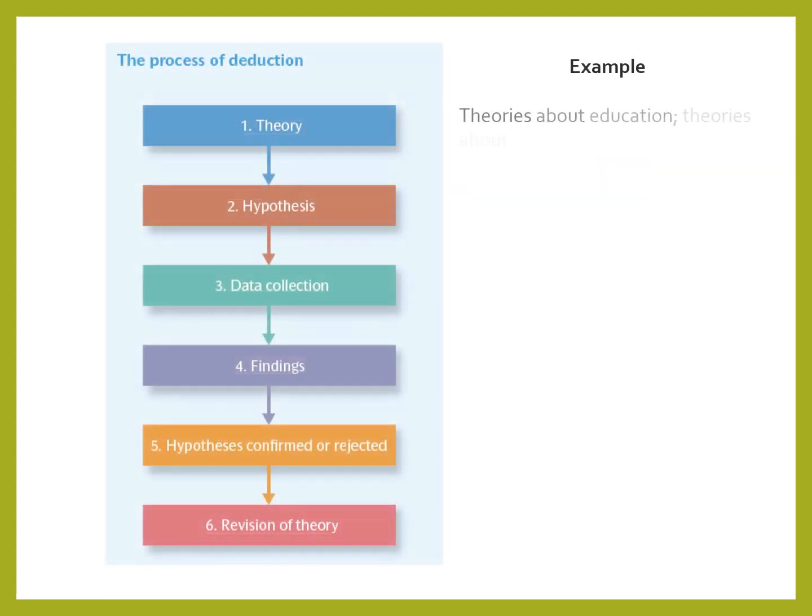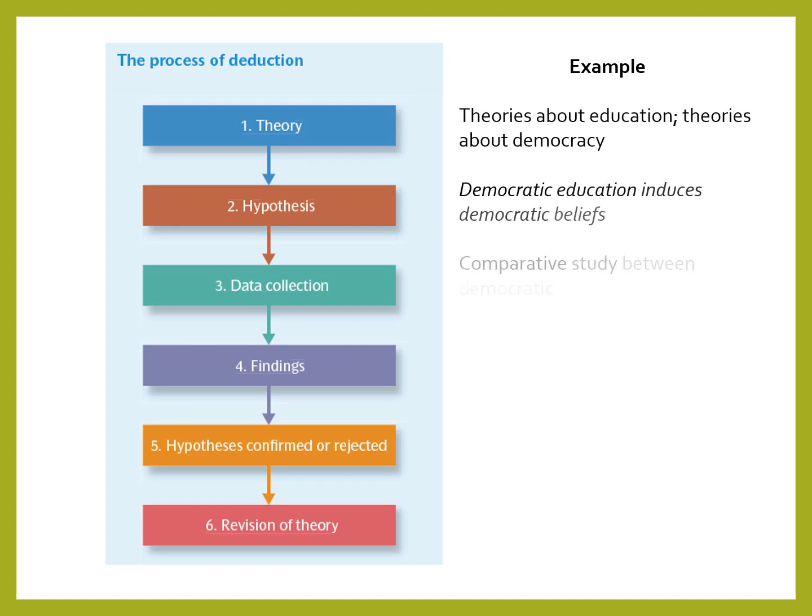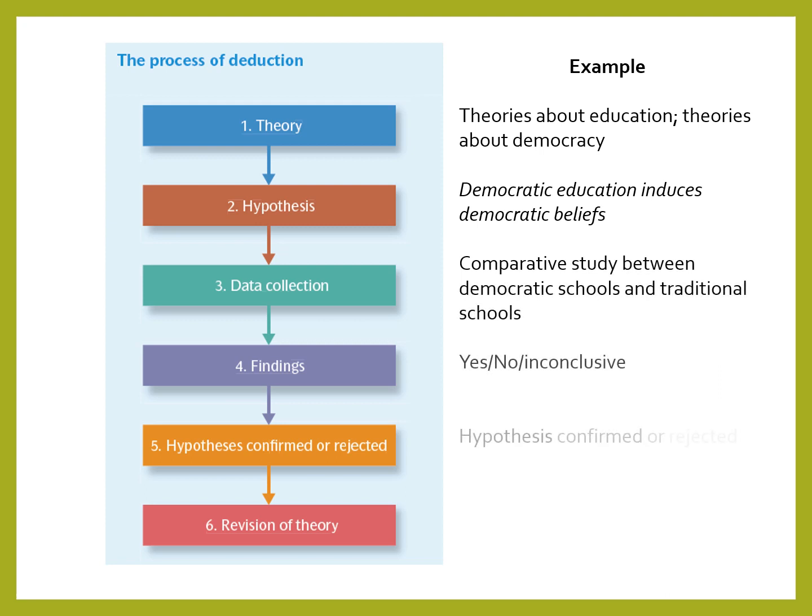Let's return, for instance, to the example we discussed before about democratic education. So this is how the deductive approach will be used to study this topic. We start with theories about education, with theories about democracy. These will be the theories in the area of our research.